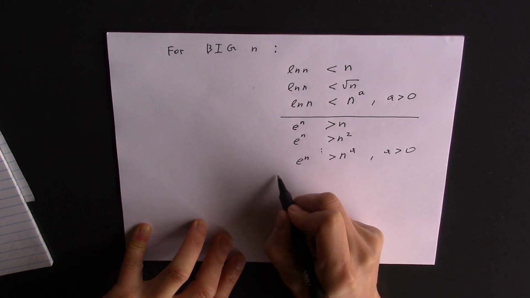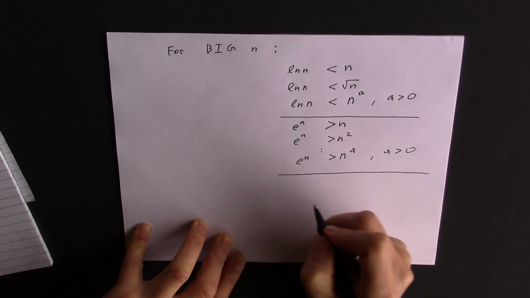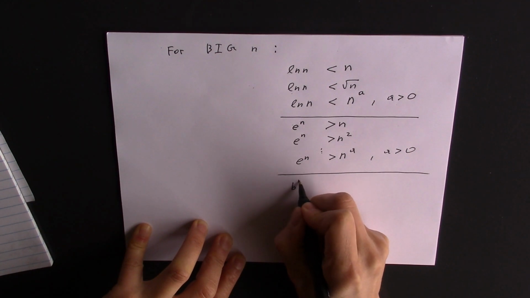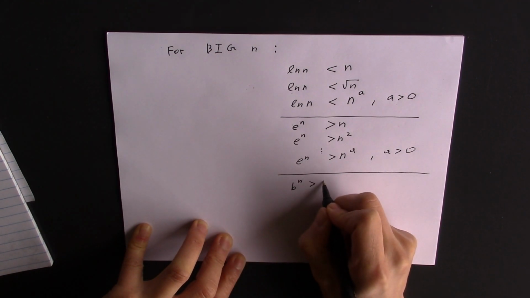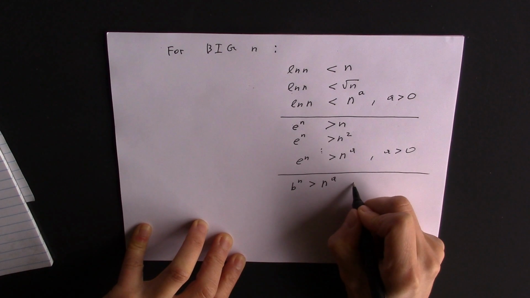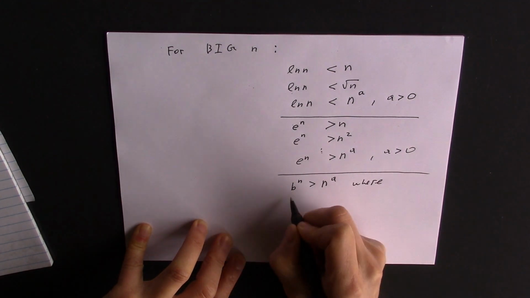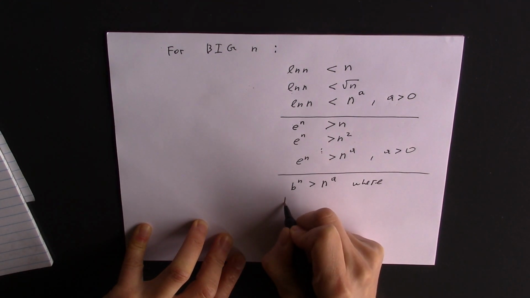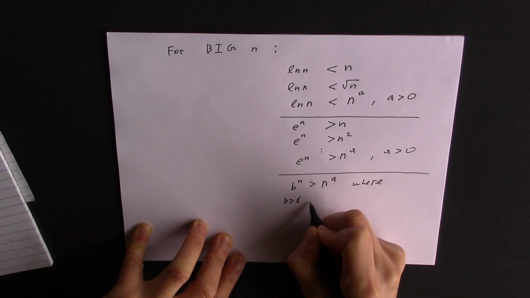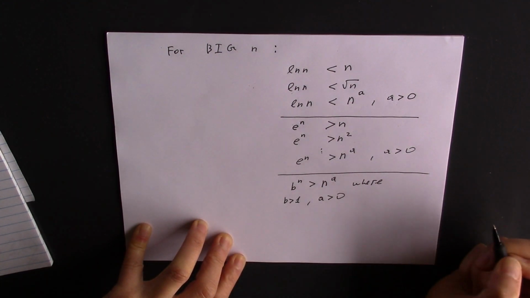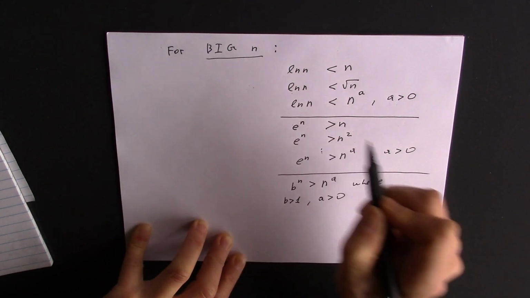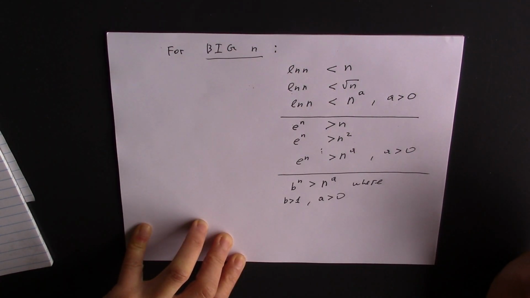So in general, for exponential growth, b to n is bigger than n to a, where b is bigger than 1 and a is positive. Again, that holds when we are talking about huge, big n, starting with like 1,000, 10,000.